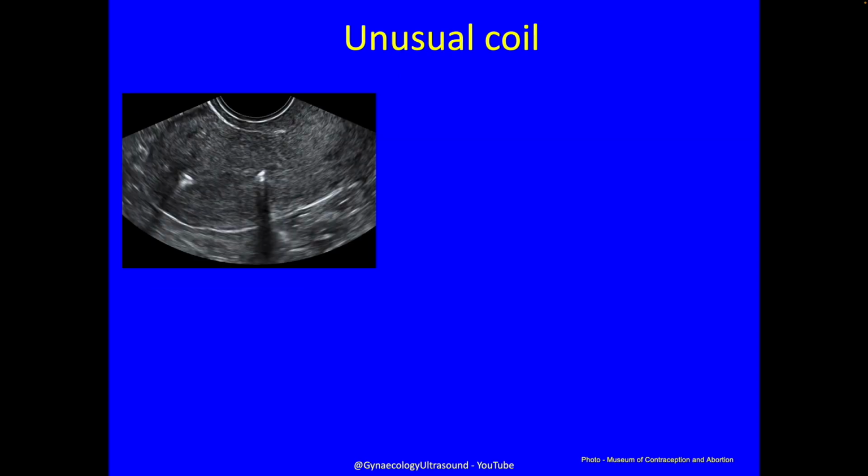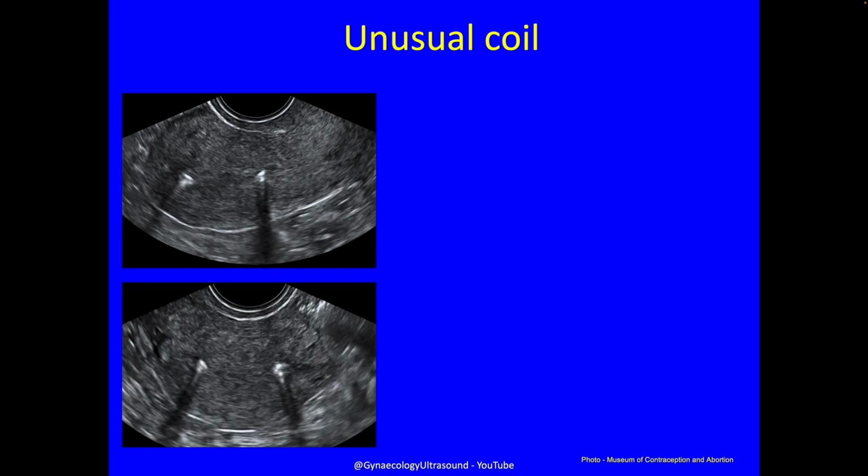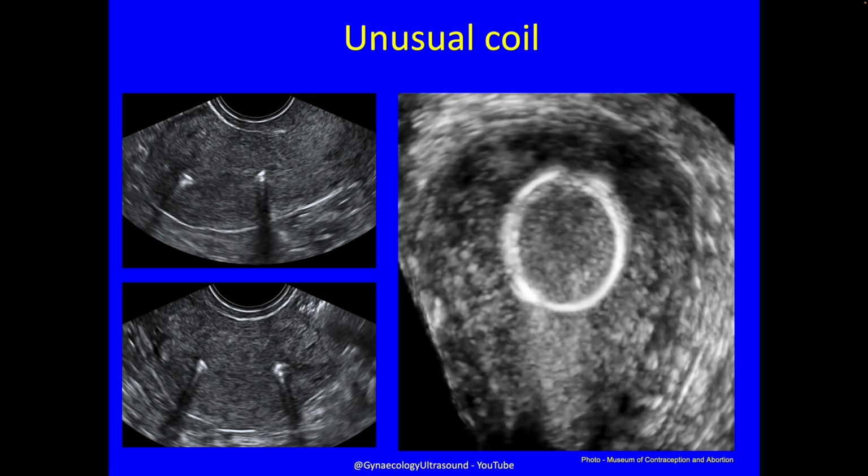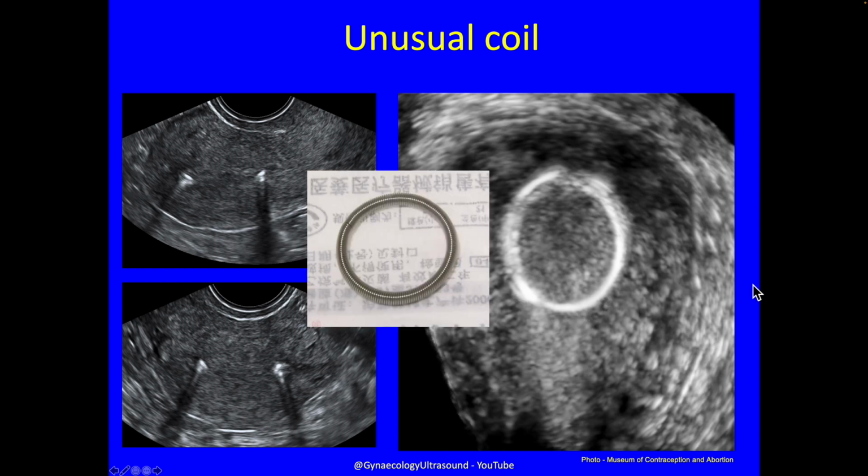Here is another unusual coil in the longitudinal plane and the transverse plane. You can only see 2 hyperechoic dots. And when you do the 3D, it's a ring. And this is what's called a Chinese ring. This is a coiled stainless steel. It's very difficult to get out.